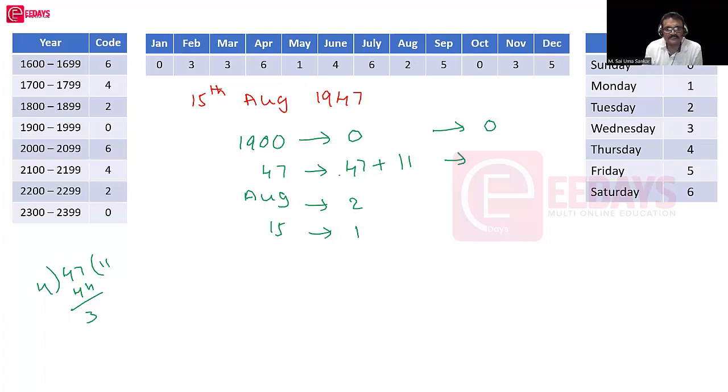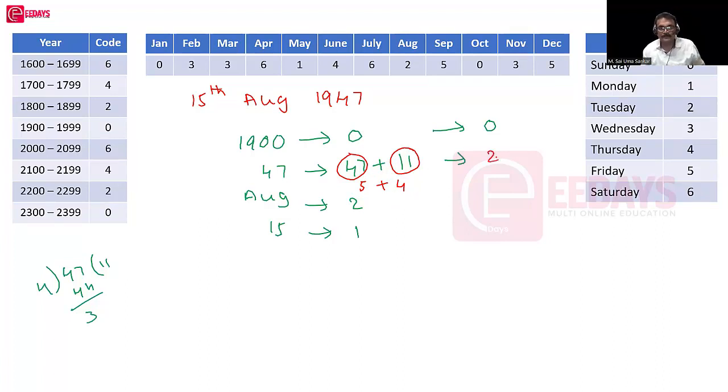If you divide this number with 7, what is the remainder? 7, 6 times 42. So this is equal to 5. Right? And if you divide 11 with 7, what is the remainder? That is equal to 4. 5 plus 4 is equal to 9. Again, if you divide this number with 7, the remainder is equal to 2.